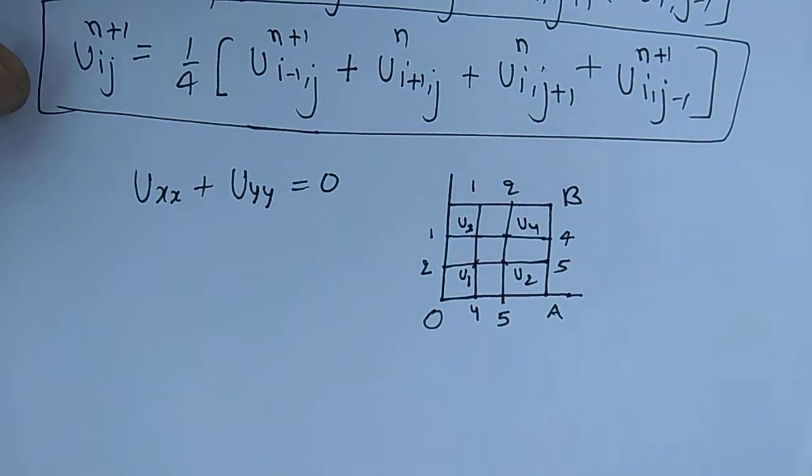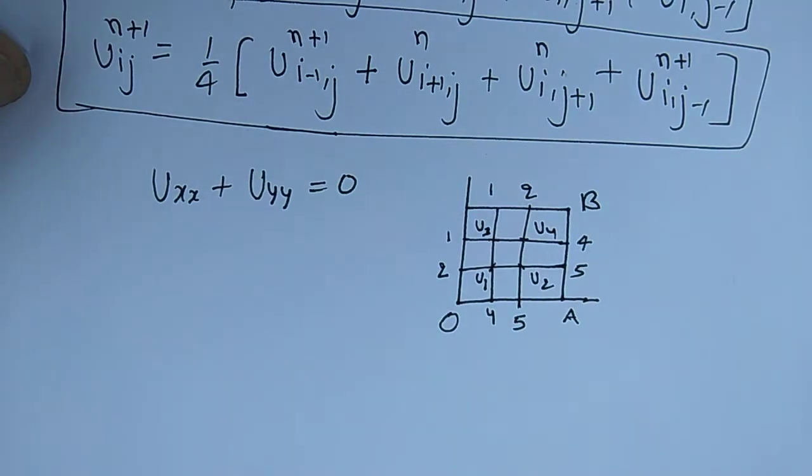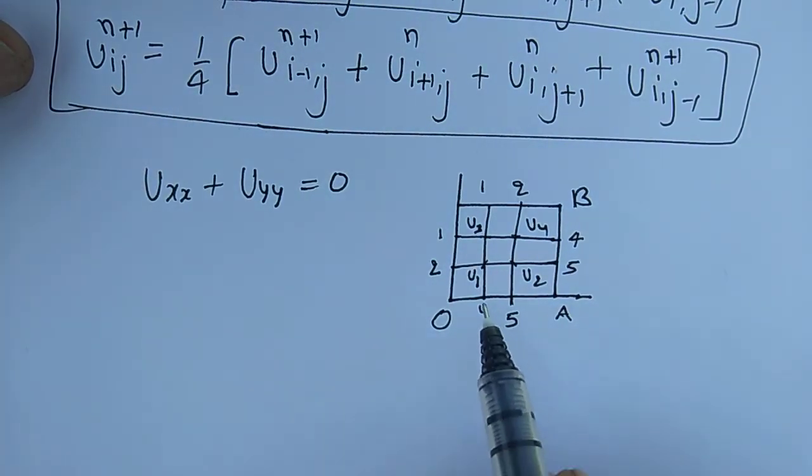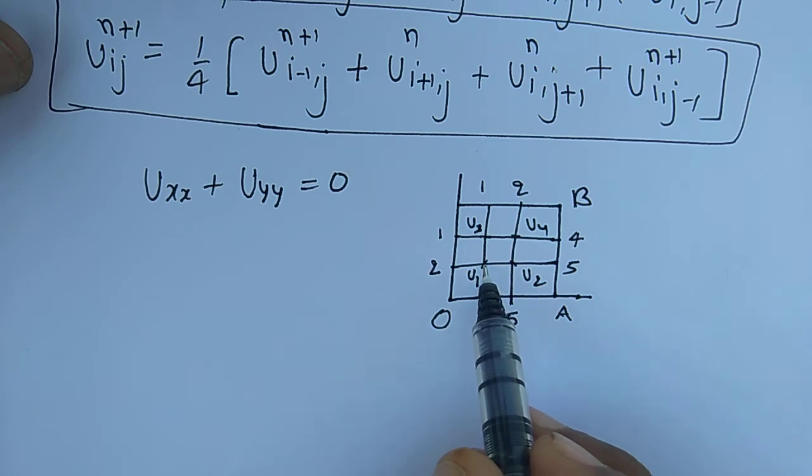So we have 4 interior points, and we need to find the values of u1, u2, u3, u4. Using this formula, let us first find u1.